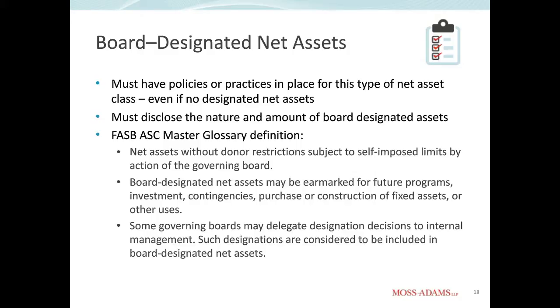And so this helps ensure that the readers know that there are funds that have been set aside for future expenditures and what those are to be used for. Oftentimes, boards can delegate those decisions to internal management, but they are still considered to be board-designated net assets, even though that delegation has been turned over to internal management.